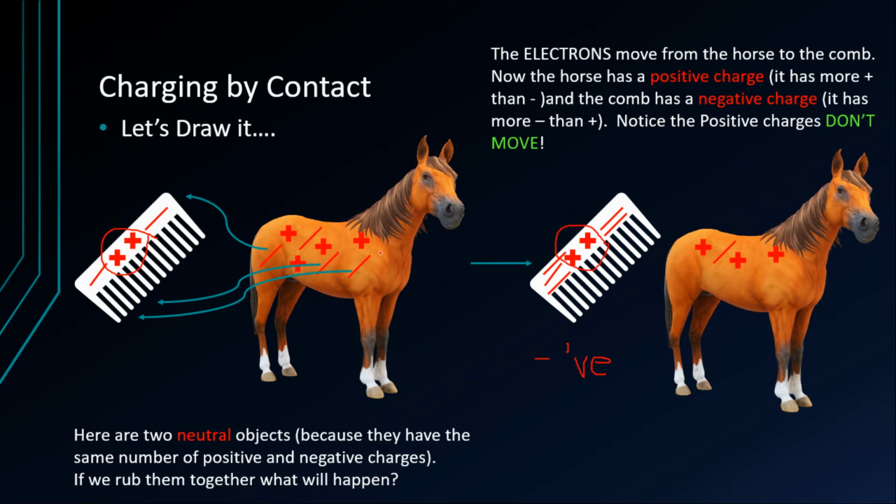Notice how we had 1, 2, 3, 4 positives before. We should still have 4 positives on our horse. Okay, but we've lost a bunch of negatives. Okay, so this horse is positively charged. It has more positive than negatives.